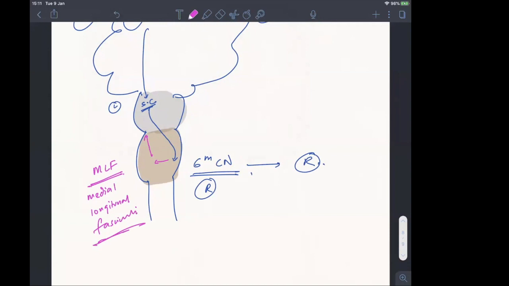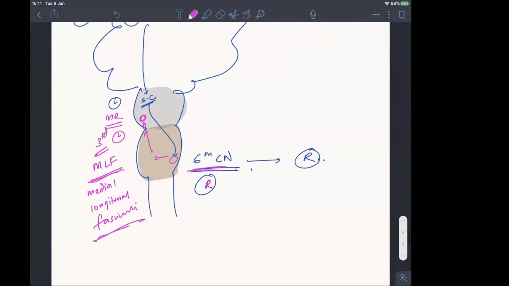And this medial longitudinal fasciculus will carry the command from the right sixth cranial nerve to the left third cranial nerve, which is in the midbrain, that you also need to act on your medial rectus. So that is how both of them move together.